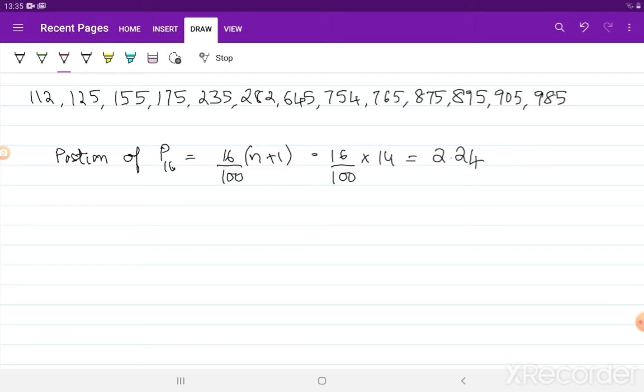So that means my P16 value will be between 125 and 155, the second and third value.